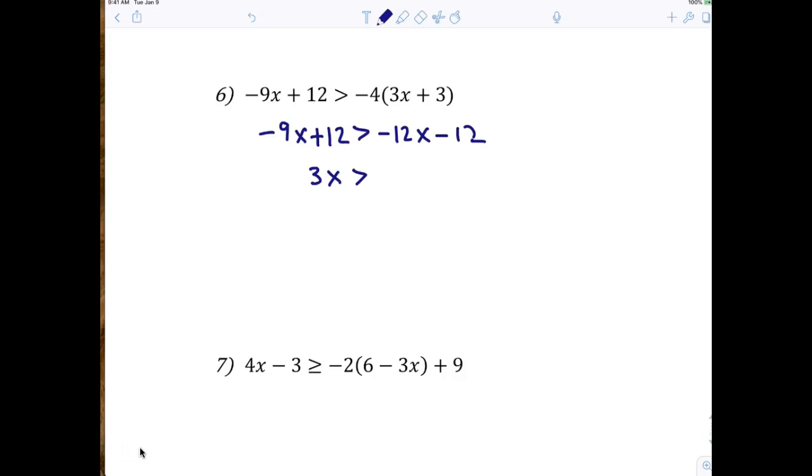Negative 24. Good. 3x is greater than negative 24. Yes, greater than negative 8. Thank you very much. All right, so we're getting pretty good. Negative 8.